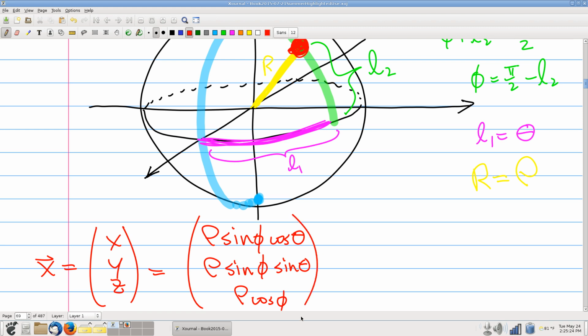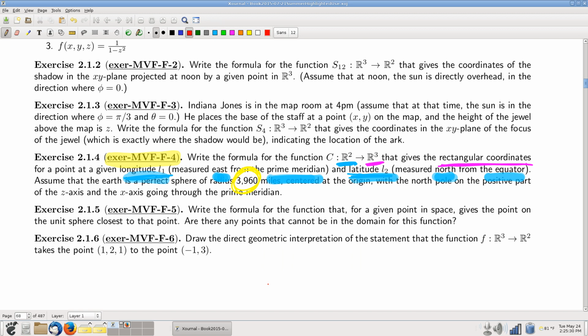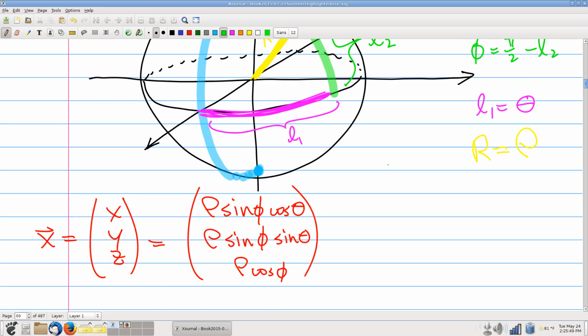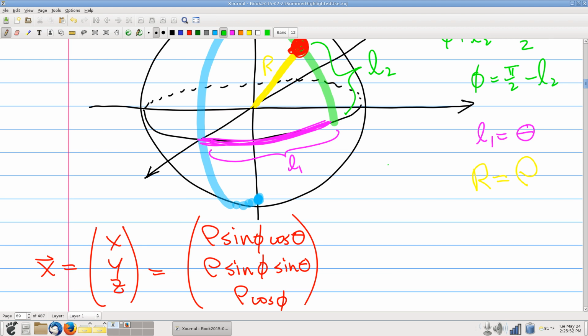Yeah. Okay. All right, now, but this isn't what we wanted. What we wanted was the rectangular coordinates x, y, and z, but as functions of longitude and latitude. And that's not what I've written. I've written x, y, and z in terms of rho, phi, and theta. But conveniently, I know rho, phi, and theta in terms of these other coordinates.